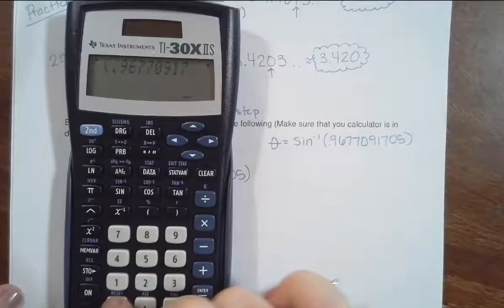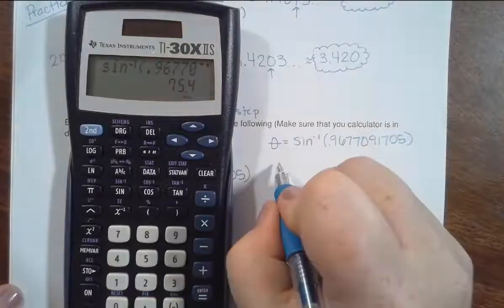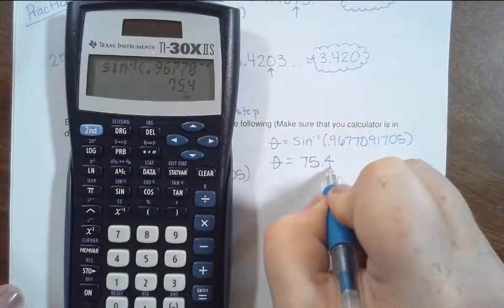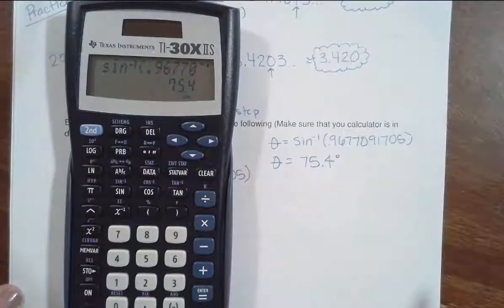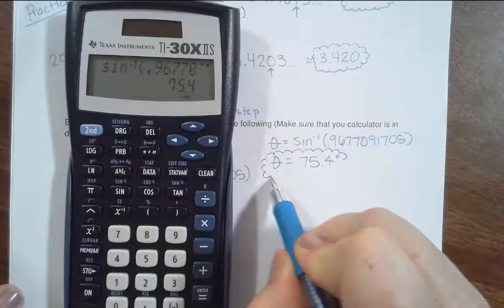And notice it gives me 75.4. Okay, and again, we're still in degrees. So the angle that we evaluated the sine function on was 75.4.